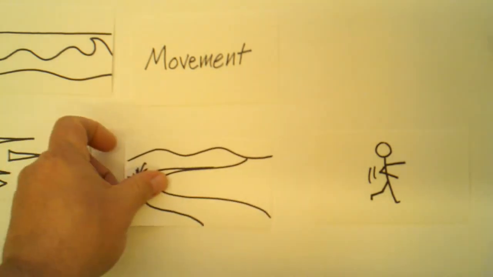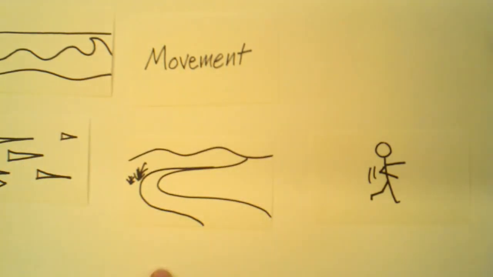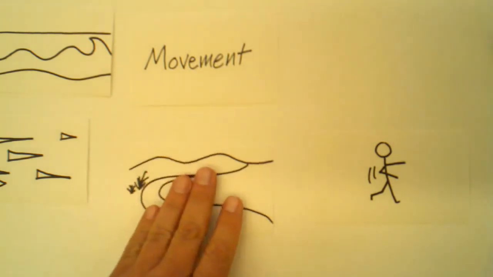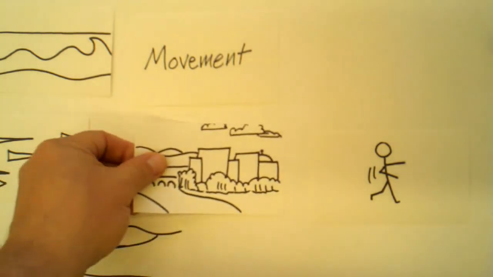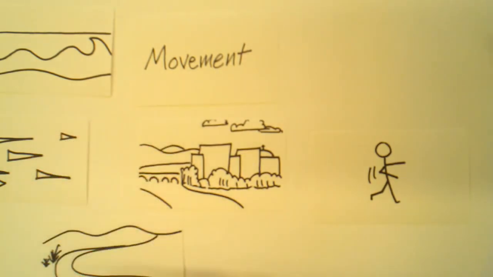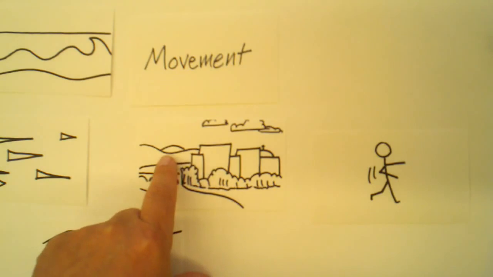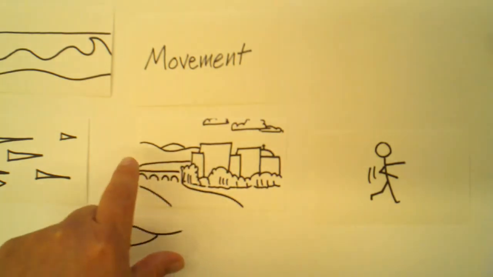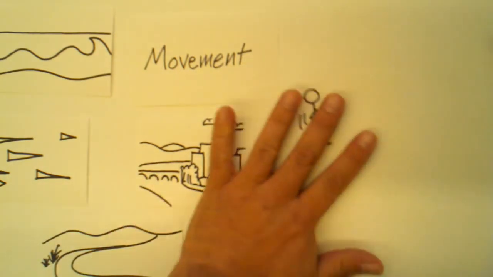Even if nothing is moving, we can have a sense of movement. If this was a street, there's no cars on it, but our eye moves down that road to the foreground, giving us a sense of movement. The movement can even be our eye. As we look in a scene, our eyes are moved from the front to the middle to the back. Foreground, middle ground, and background movement.